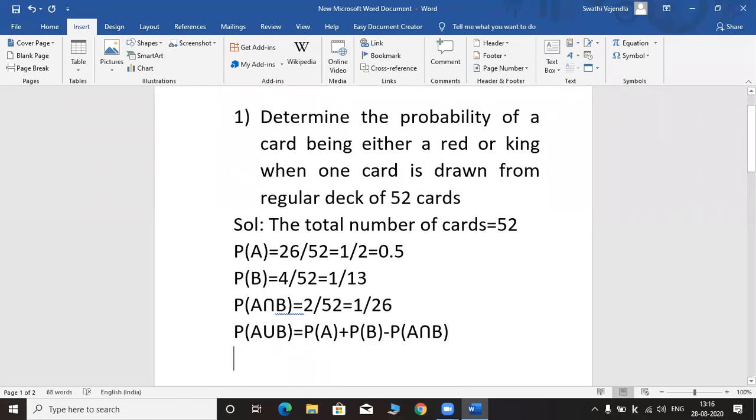So what is the next step? You have to substitute the values. So this is equal to P of A is 0.5, that means 1 by 2, plus P of B, which is 1 by 13, minus P of A intersection B, which is 2 by 52 or 1 by 26.